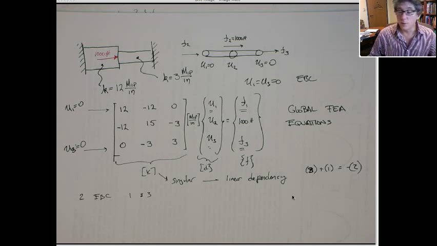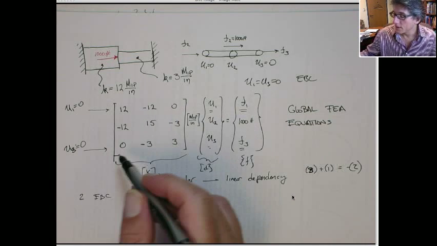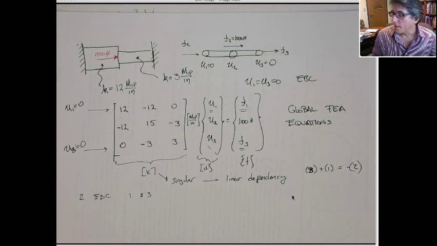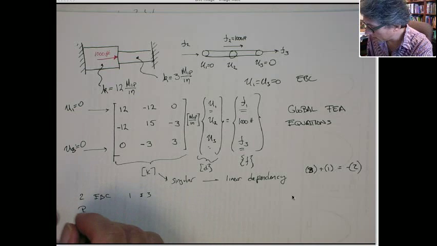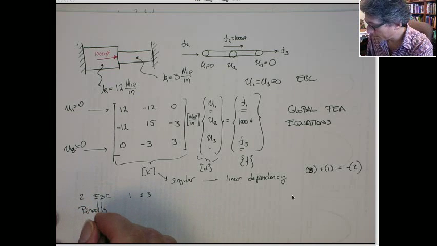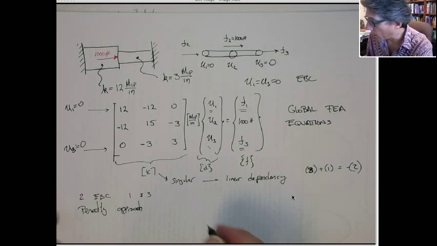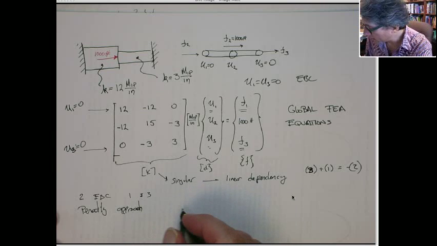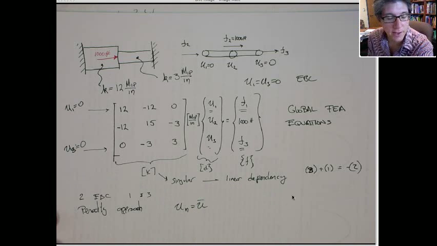Now, there are a lot of ways to do that. You can actually put 1 on the diagonal and 0 on the rows. But a general way is using this sort of penalty approach. It's actually not a bad way to do it. And this involves, for each equation, so let's say you have the essential boundary condition u at node n equals some known value.